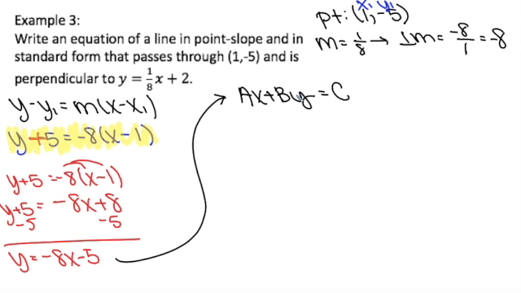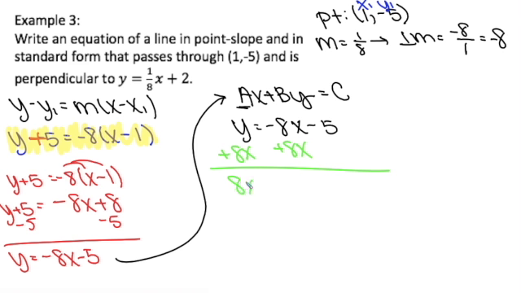Put this in standard form. I have x and y on the same side, so I'm going to start with this slope-intercept form. y is equal to negative 8x minus 5. I need x and y on the same side. A has to be a positive whole number. So I'm going to add the 8x across the equal sign.